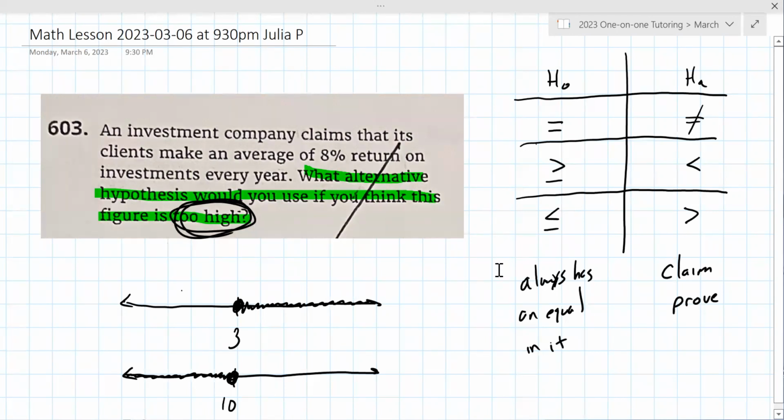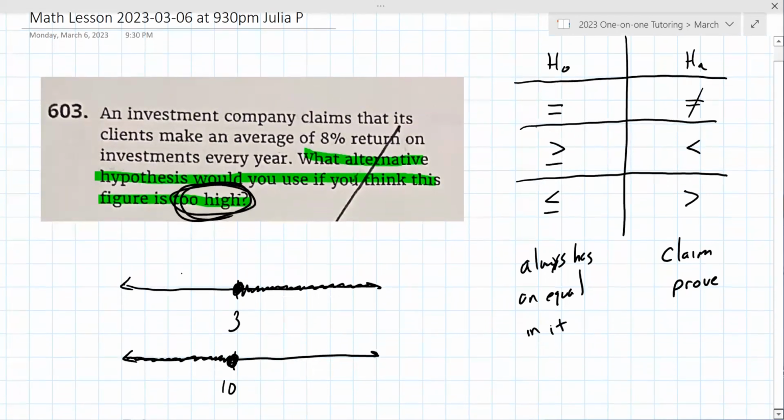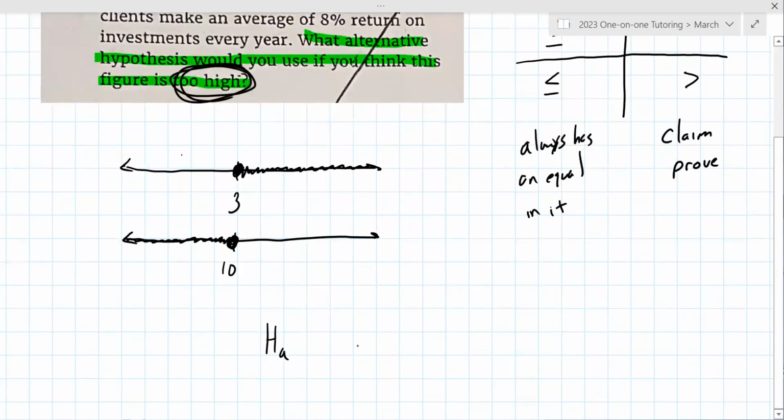So in this case, we want to say that the alternative is, sorry, it's just P. P is less than 0.08, which means that the null is greater than or equal to 0.08.